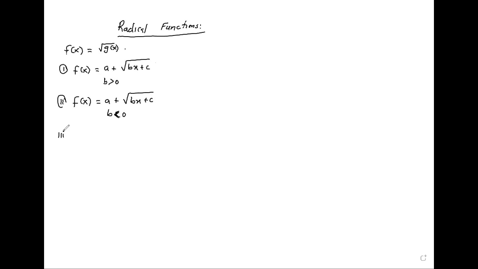And the third family is f of x is equal to a minus root of bx plus c with b greater than 0. The last one is f of x is equal to a minus root of bx plus c with b less than 0.